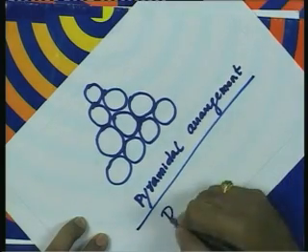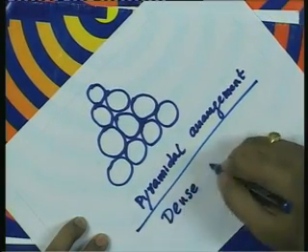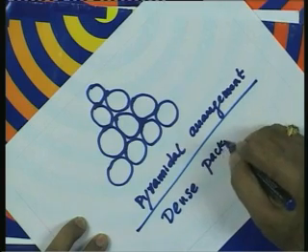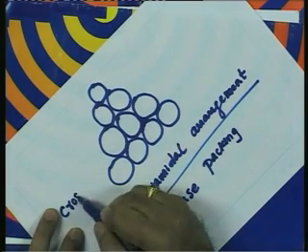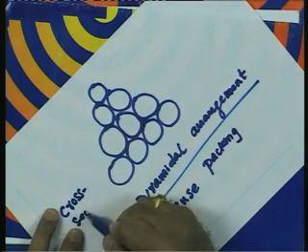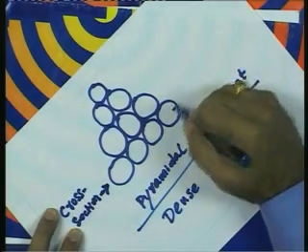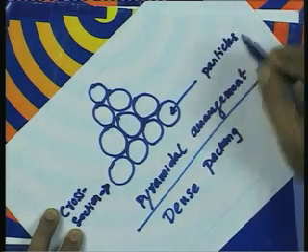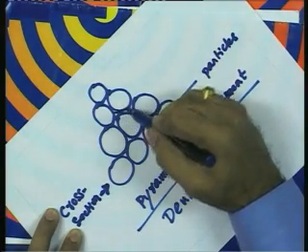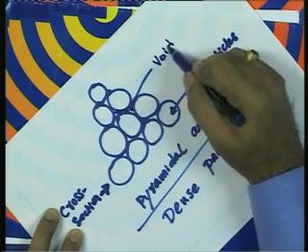For dense packing, this is in the cross section, and these are the voids.